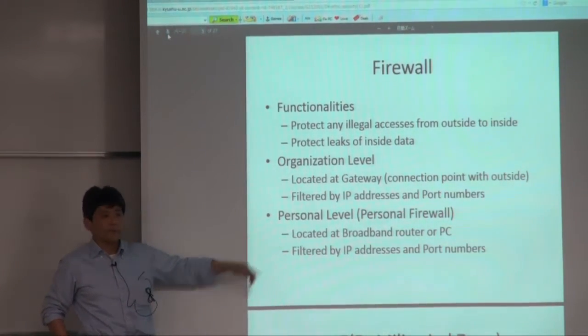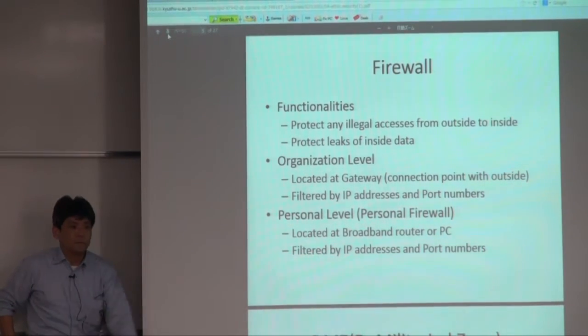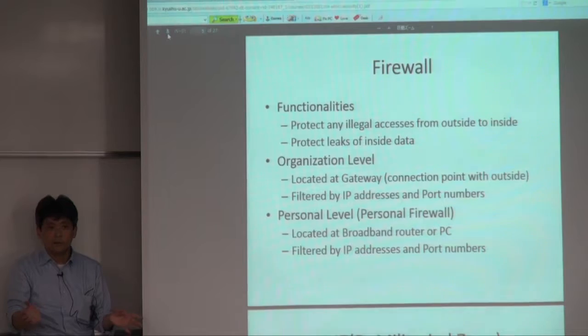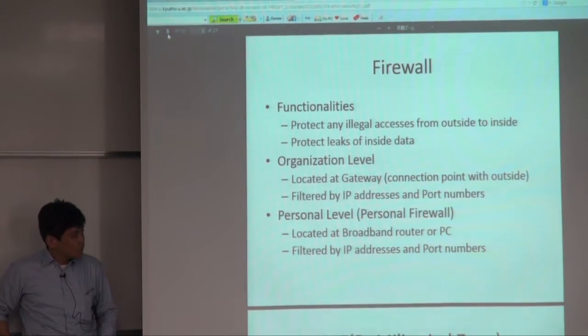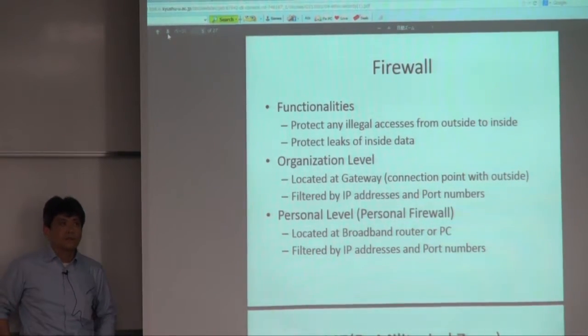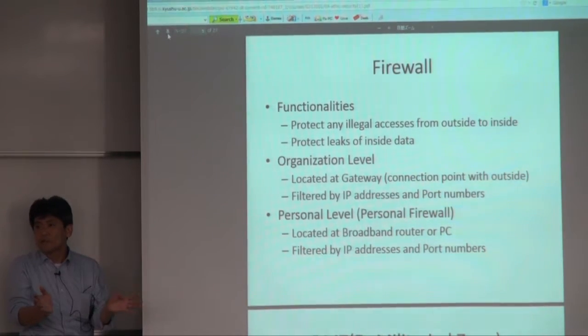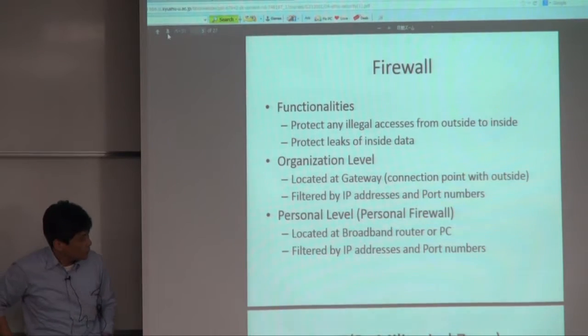However, the location is different. In this case, it is a very small area network, to protect the small area network. So usually this level is located inside an individual PC or small area network.